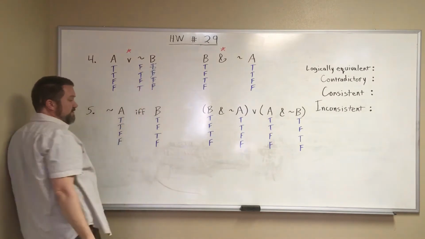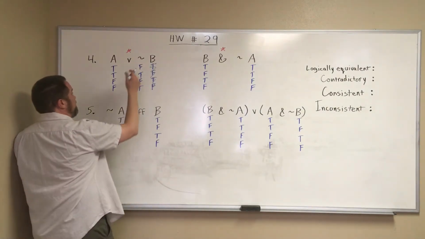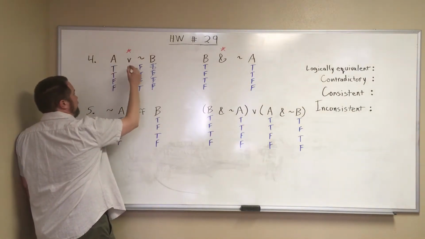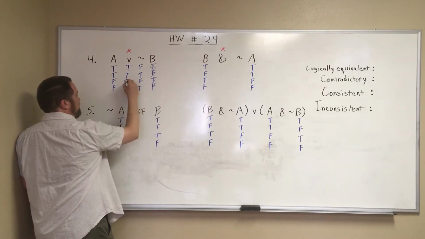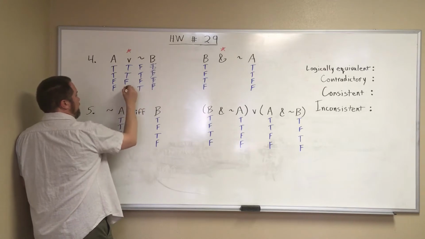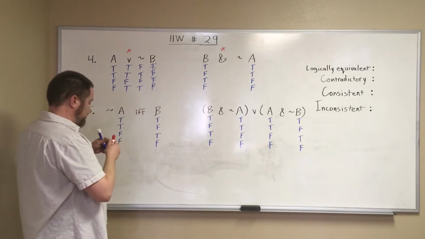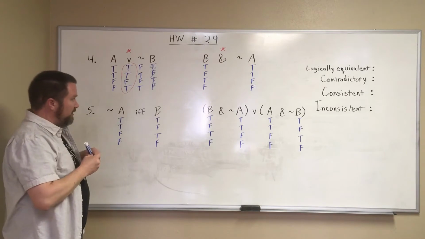For a disjunction, either side can be true for the disjunction to be true. So we have true, true here, so the first 2 are going to be true. Both of these are false, so that disjunction is false. Then we have a true here, so this one's going to be true. We can go ahead and circle that column. That's the one we're going to be using to compare.